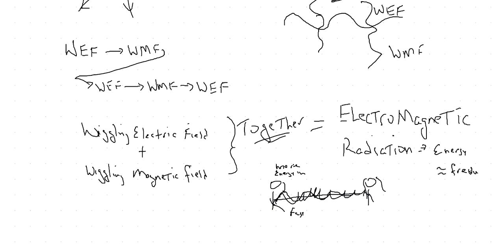What I mean by the frequency is how fast you wiggle it. How fast you wiggle the charge, or oscillate the charge. If you wiggle it really fast, you put a lot of energy in and you'll get electromagnetic radiation with a lot of energy. How fast you wiggle the electric charge.